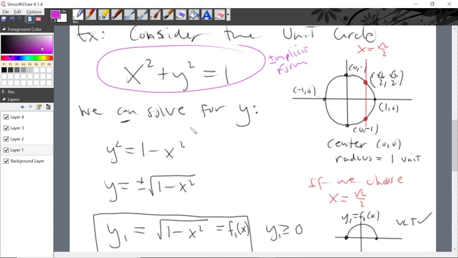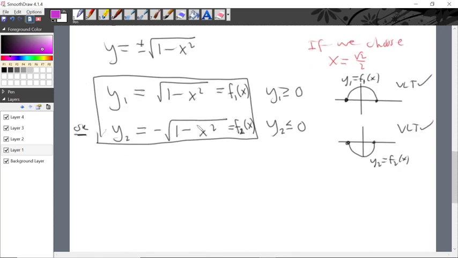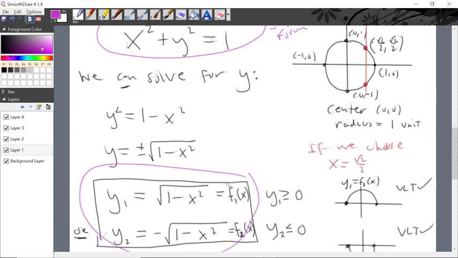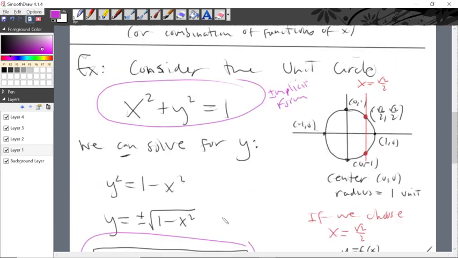In this case, it's not that bad to do the algebra. But when we rewrite these equations as these combinations here, we have written y as explicit functions of x. So these are the explicit forms for y as a function of x. Now, the calculus we've done so far, we should be able to apply to both of these forms.